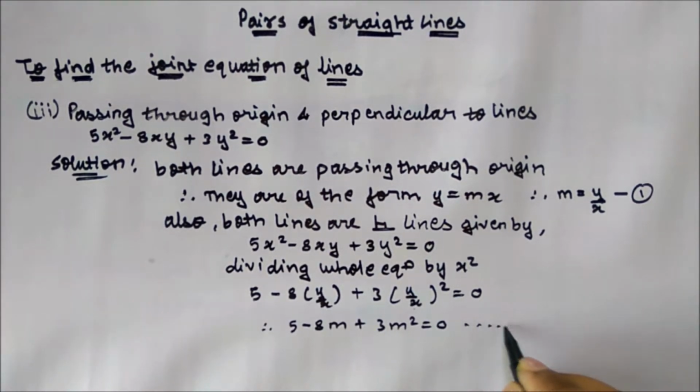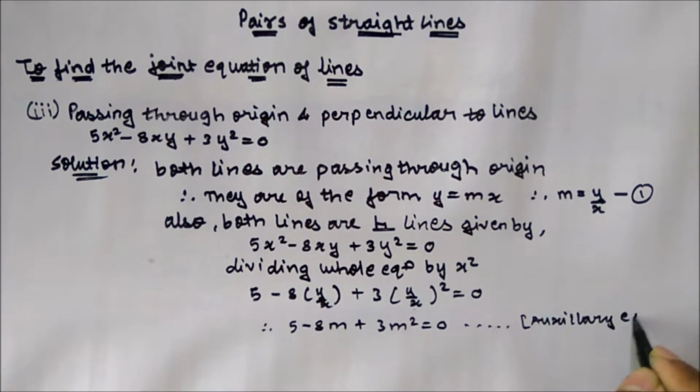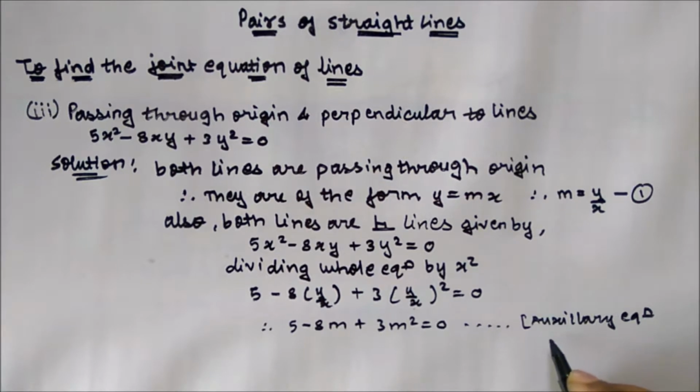Now this is our auxiliary equation. This is to be noted: the auxiliary equation is in the form a plus 2hm plus bm square equal to 0. So here we got the auxiliary equation.